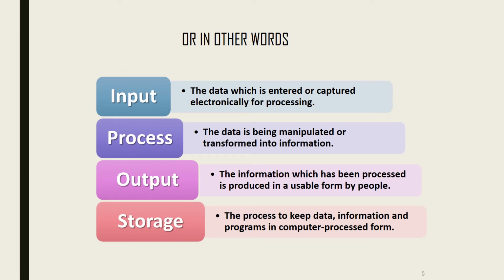This is another definition of the information processing cycle activities. Input is the data which is entered or captured electronically for processing, while process is the data that is being manipulated or transformed into information.